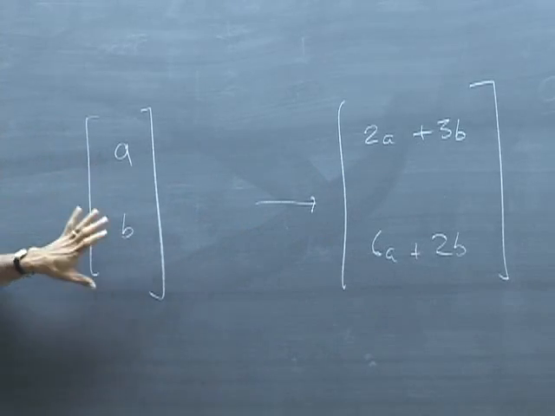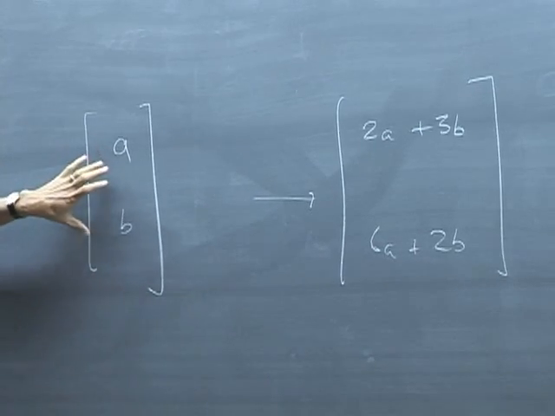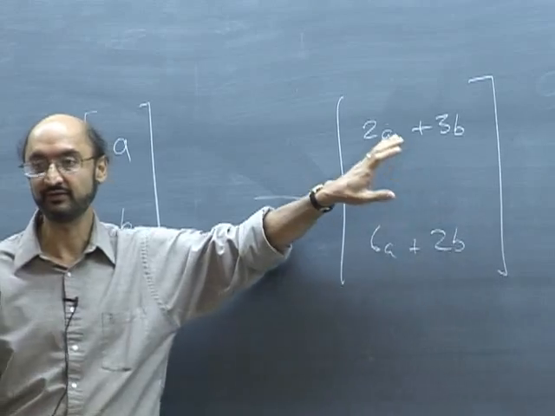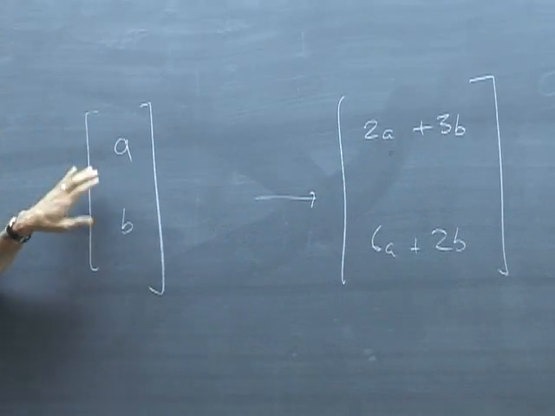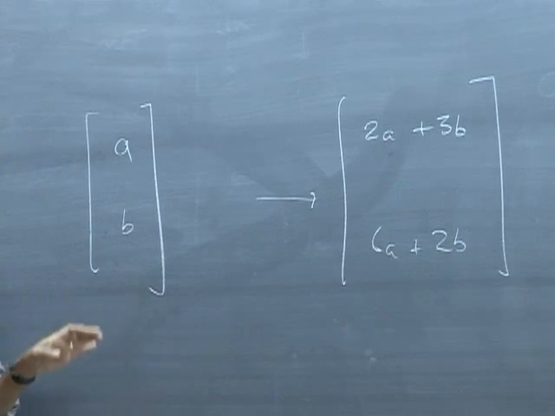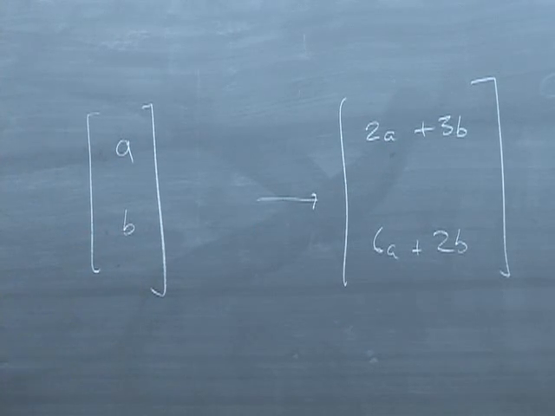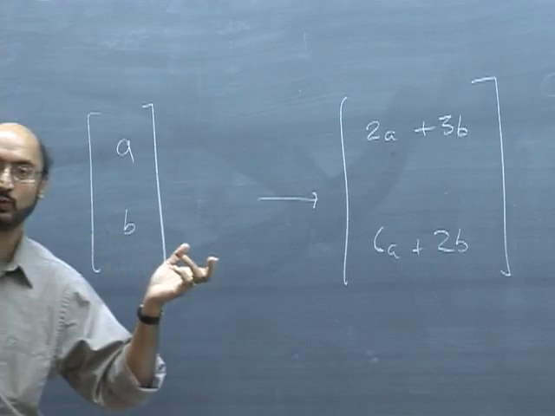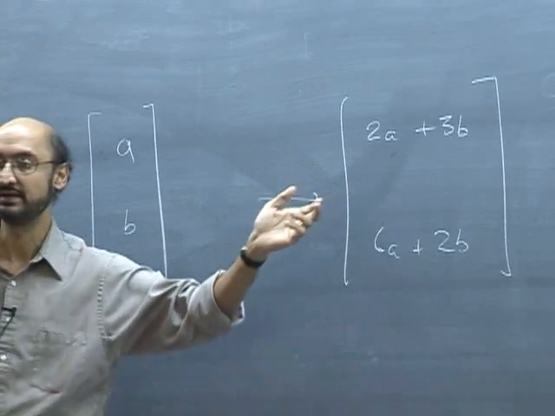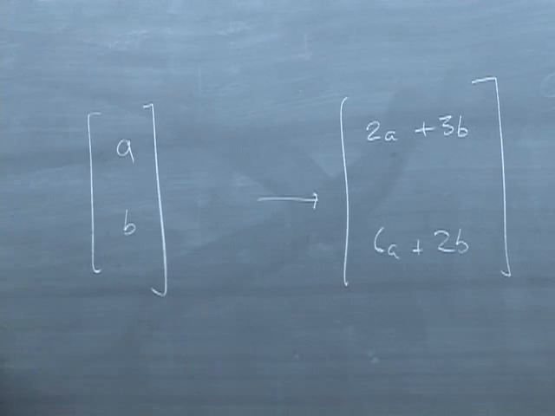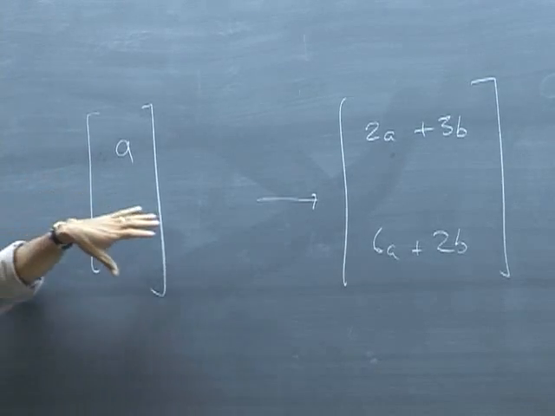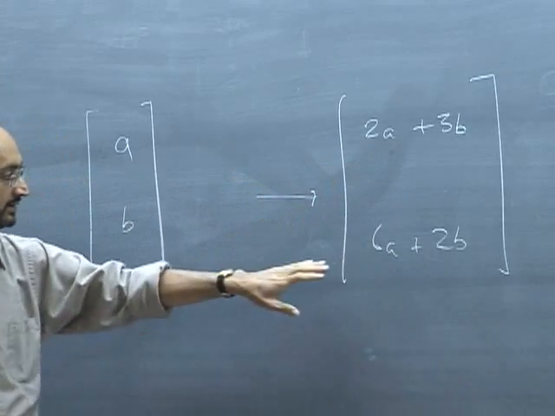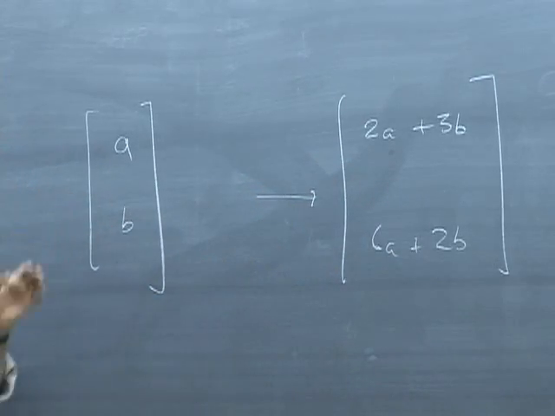So if you think of a and b as being some basis or some set, 2a plus 3b is just a weighted sum, 2 times a plus 3 times b. If you want to make it more interesting, just make these weights add up to 1. So you could have 0.2 and 0.8, for example. Then you're getting some kind of mixture of a and b. That becomes this element, and this element is again a mixture of these two.